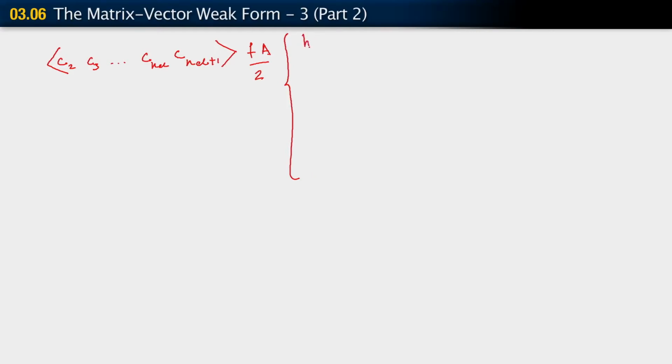Okay. Now, the contribution from the very first element, if you go back and look at your notes, would have been H1. Okay. For element 2, we recognize that element 2 has contributions coming from the C2 and C3 degrees of freedom. Okay, right?